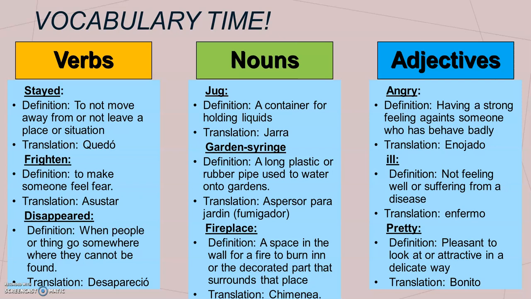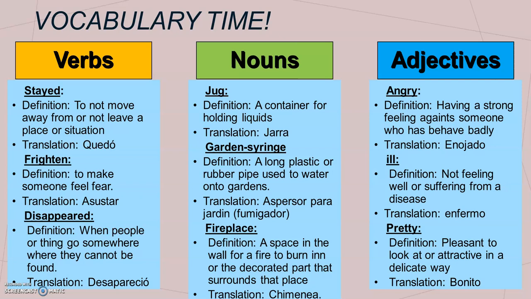Think about un fumigador, something useful to give water or other kinds of contents to the garden, to the plants or flowers, right? Por eso piensen en un fumigador. Then we have another word, fireplace. It's chimenea. Yes, very common word too.